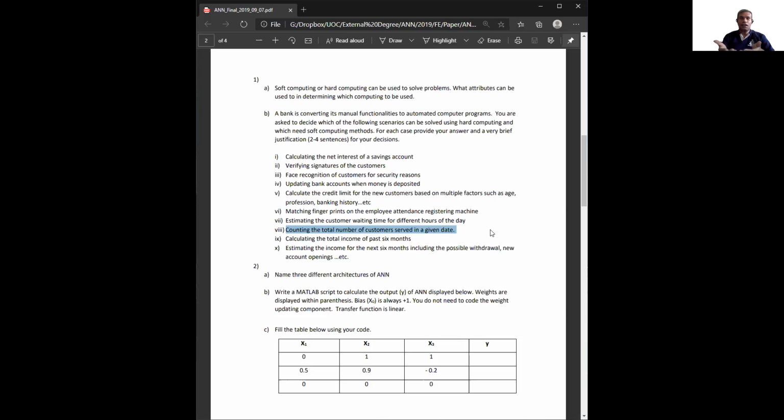Interact in the sense of depositing some money, taking some cash, or something like that.